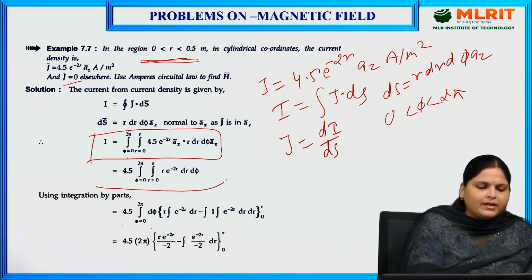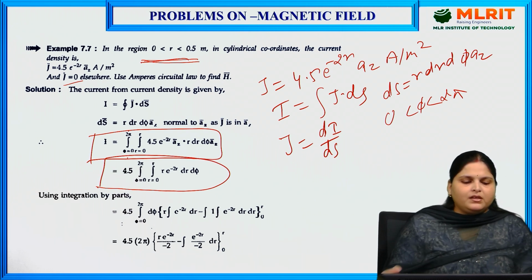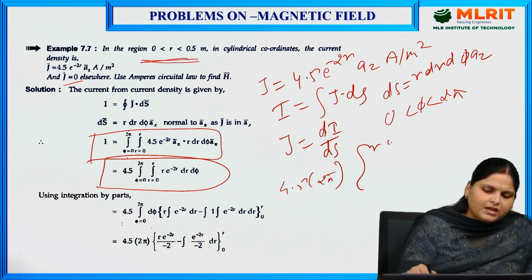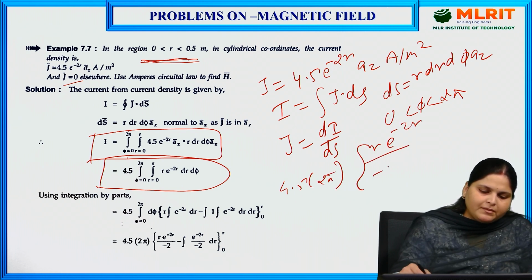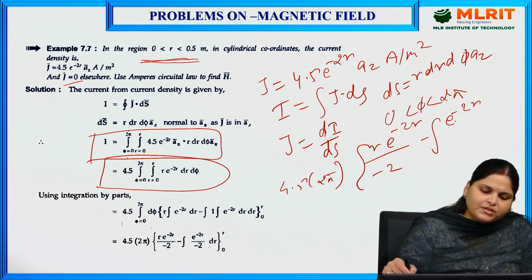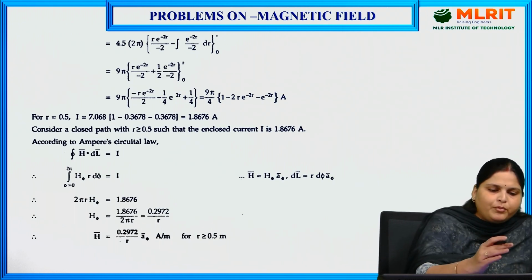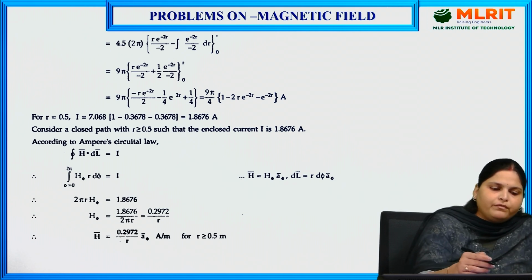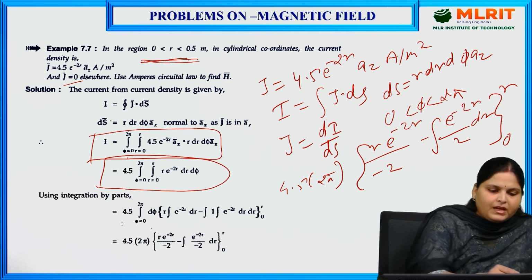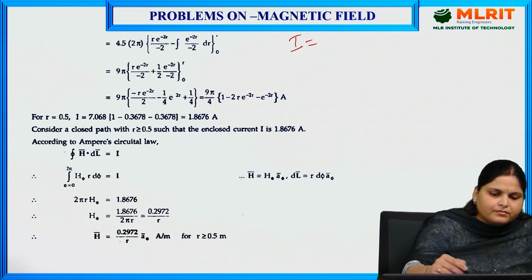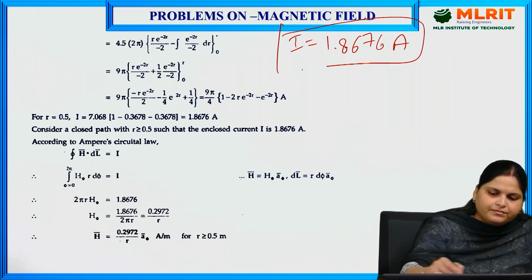On solving we will get this equation, and when we integrate it we get 4.5 times 2 pi, this is r e to the power minus 2r divided by minus 2, minus integration of e to the power minus 2r by 2 dr, and the limit is 0 to r, which is going to be 0.5, right? So we will put it here, and on further solving we get I equals 1.8676 amperes, right?